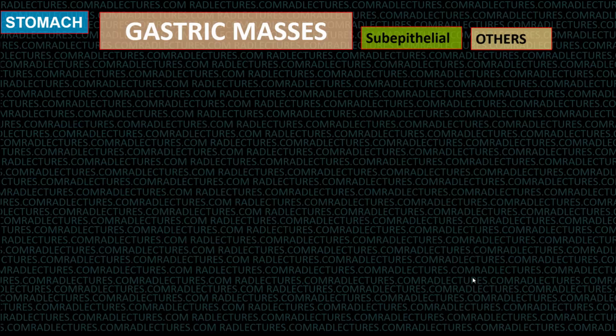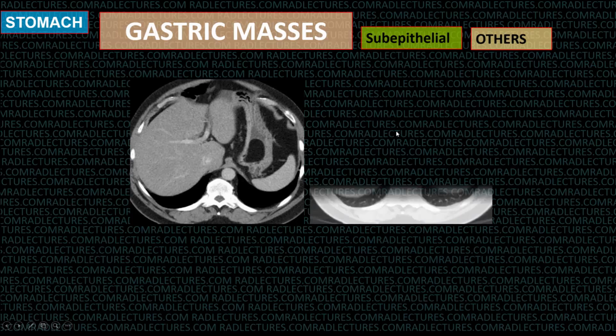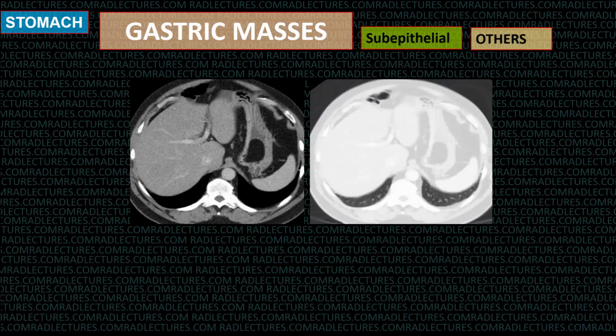Other subepithelial neoplasms, one of them is seen here. Do you see it? Well, there is this air in the stomach, and then there seems to be an air bubble in here. Now, whenever you are wondering if a dark thing like that is air or fat, all you need to do is put it on lung windows. The air looks dark, fat becomes gray like the rest of the fat.